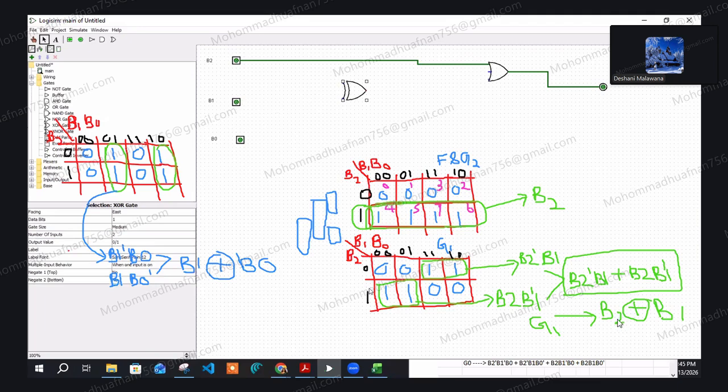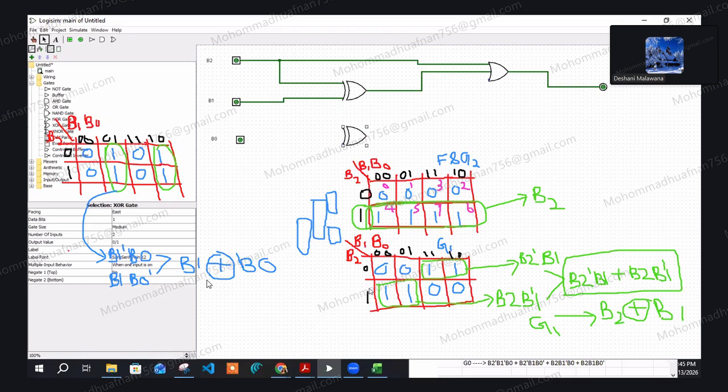So we need the XOR for G1, B2 and B1. B1, then this is going to be the input for this one also. So we need the same for here as well.